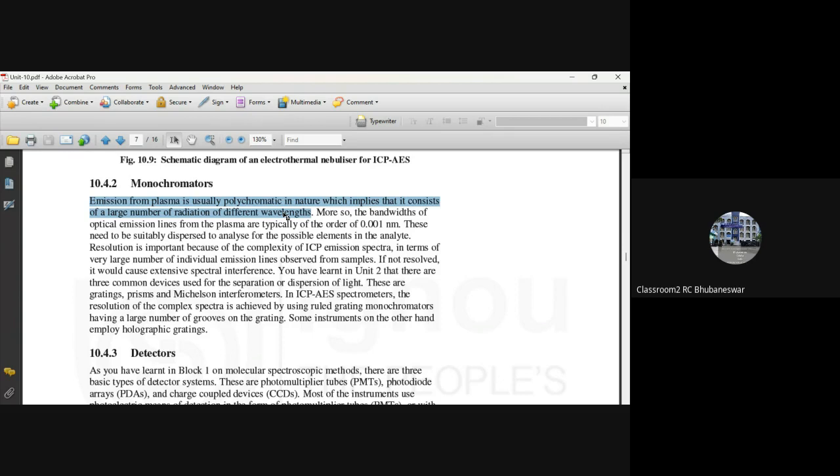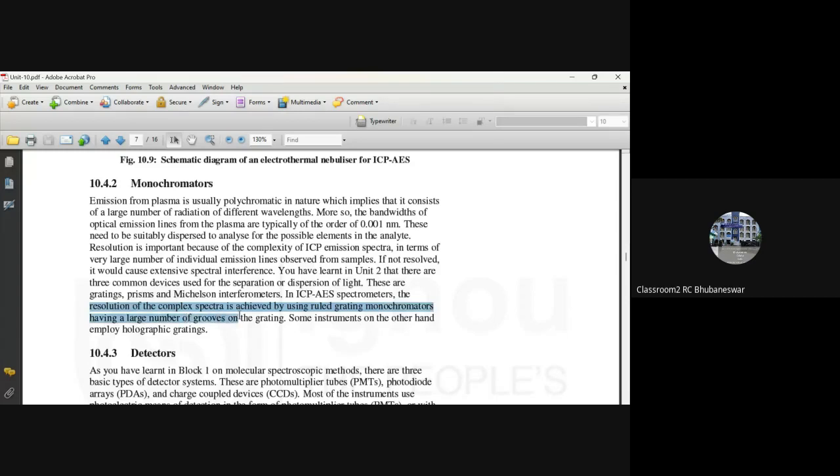So you have to cut the undesired wavelengths of radiation. You need to get a monochromatic radiation which you want to use for studying the thing.